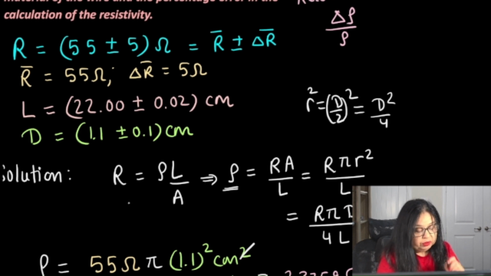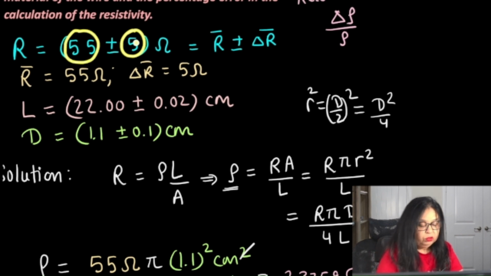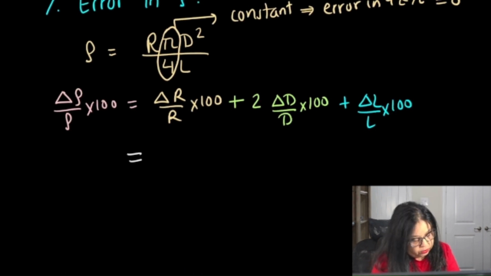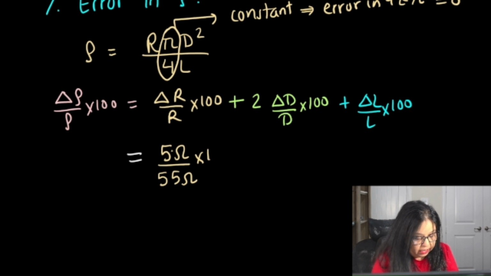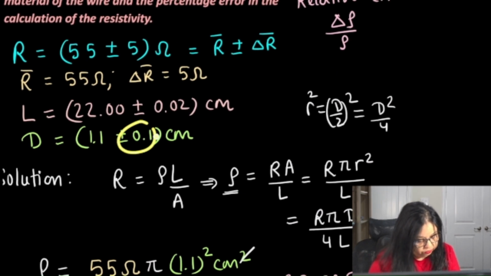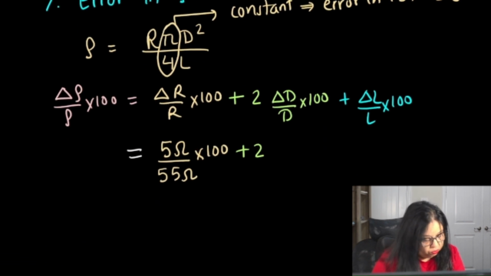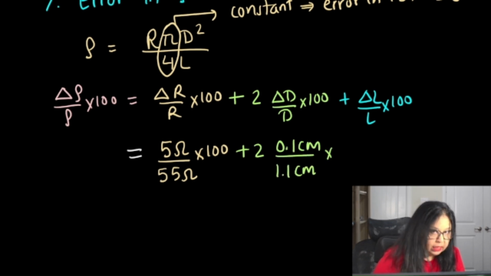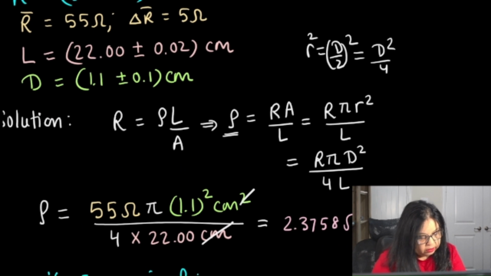So for percentage error in the resistance, this is your delta R, this is your R. So it is 5 divided by 55: 5 ohms for delta R and 55 ohms for R times 100, plus 2 times delta D over D. Delta D, 0.1 centimeters. D, 1.1 centimeters. All right. So 0.1 centimeters divided by 1.1 centimeter times 100, plus delta L over L. Here we go.